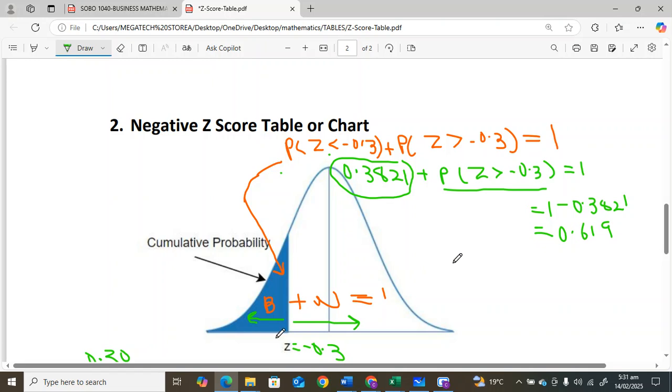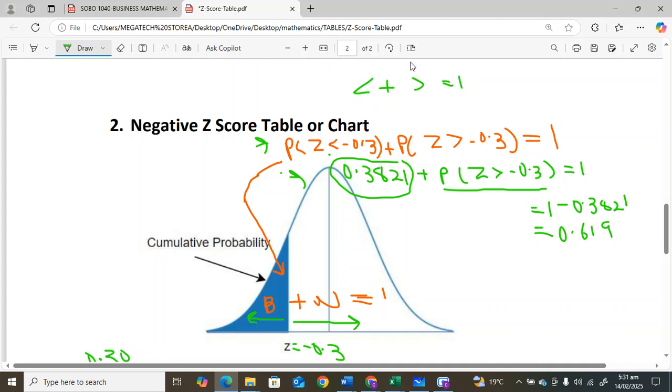Oh, and yes, you need to show these workings in your calculations. You need to show this, then that. So just remember here it's less than plus greater than equals 1.